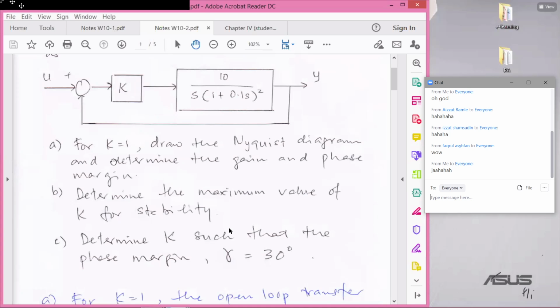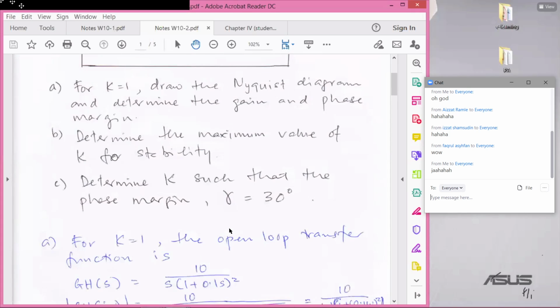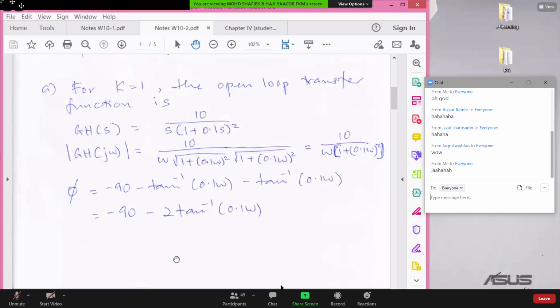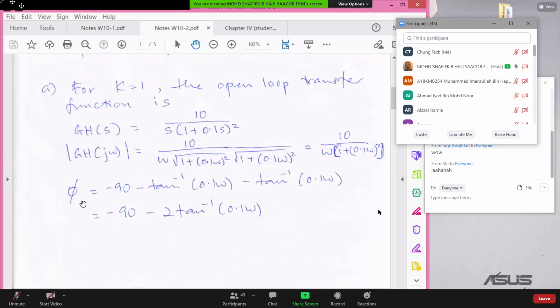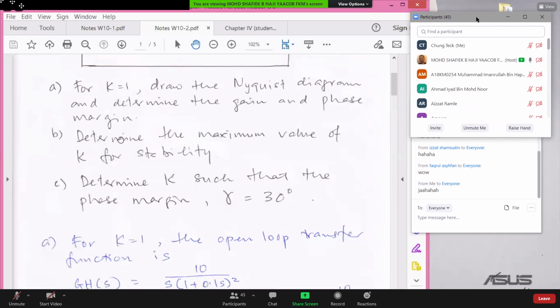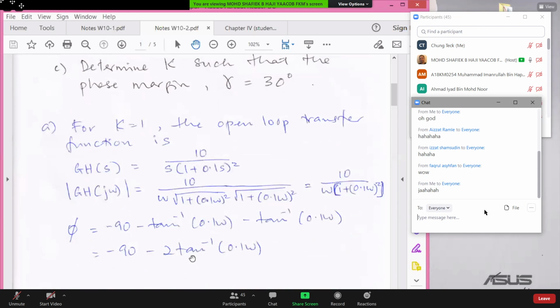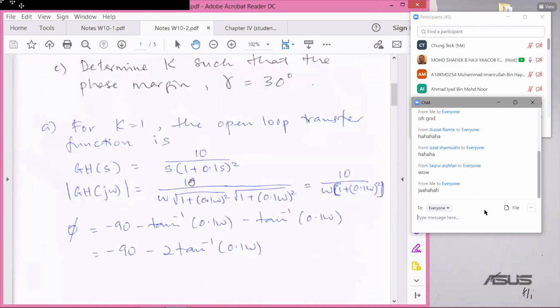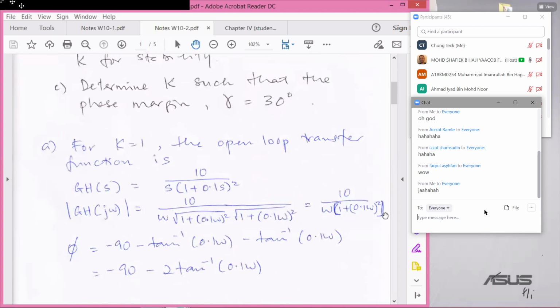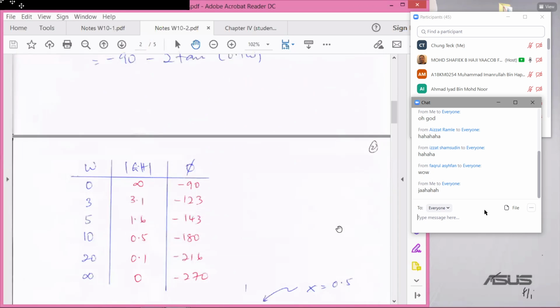Draw the Nyquist diagram for K is equal to 1. And then you want to know the maximum value of K for stability. So if you look closely at this expression, the phase angle is not a function of K. K is nowhere to be found. So if you increase the value of K, all you do is increase the value of your magnitude.